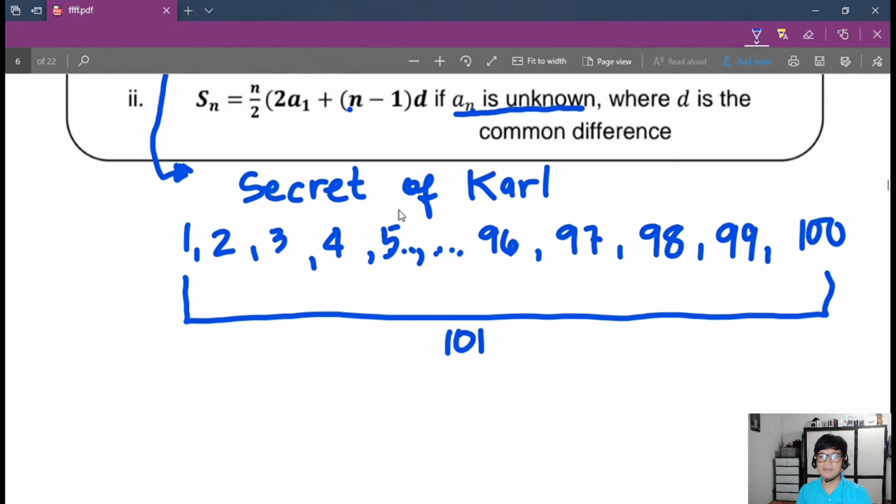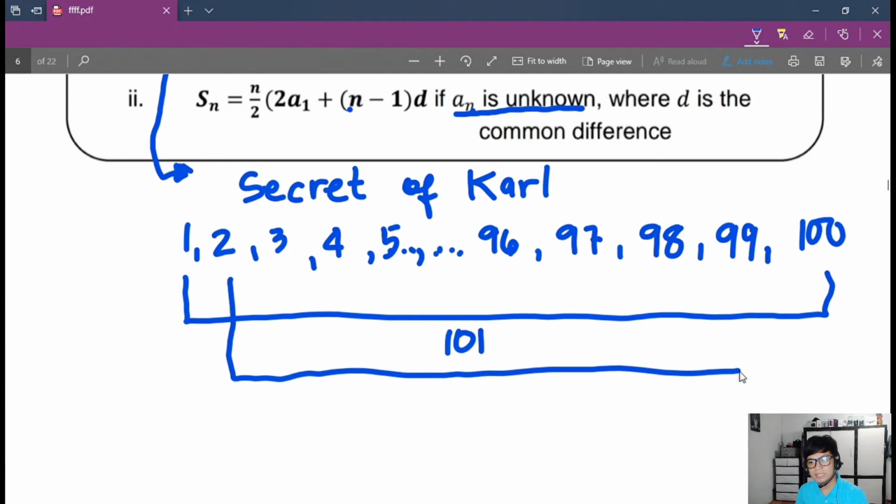Tama? So, 1 plus 100. And then, na-discover niya pa again na kapag yung second term naman, i-partner doon sa second to the last na term, ang total din is 101. Tama?